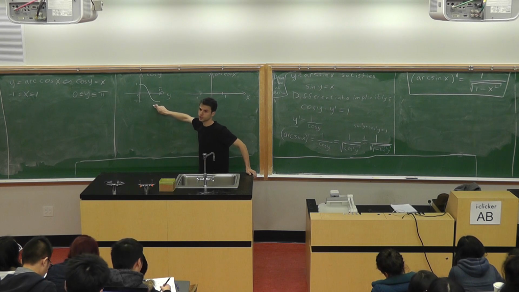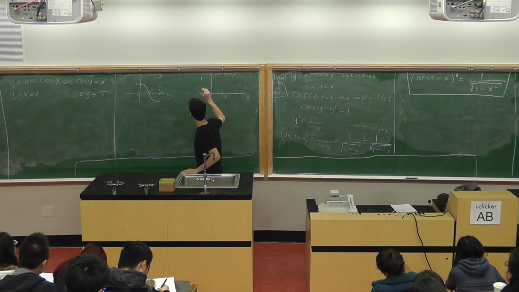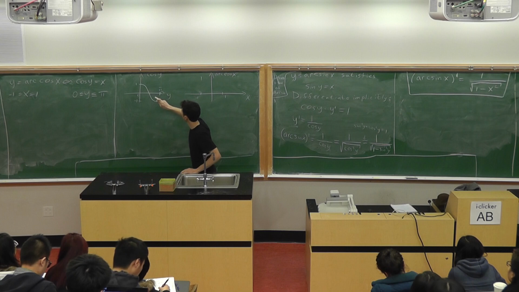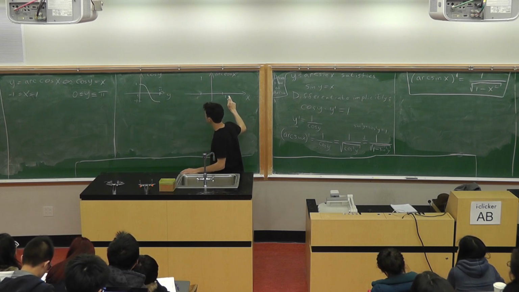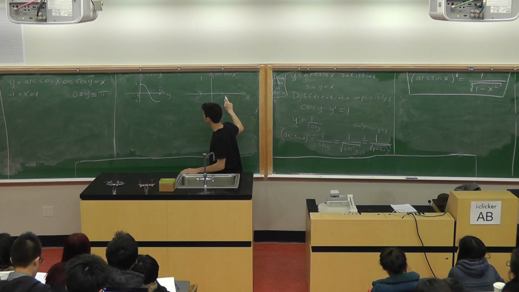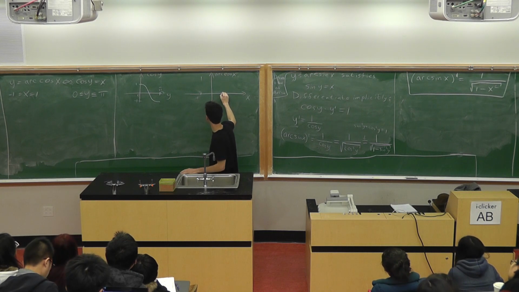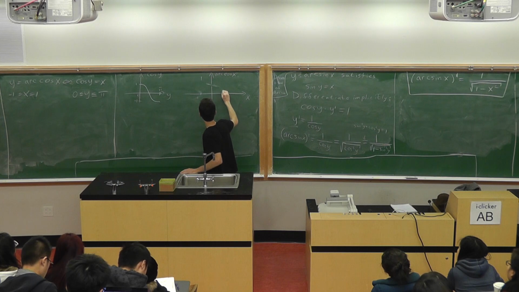It will have now not a horizontal tangent, but rather vertical after the reflection. And at 1, it will become zero. And once again, we'll have a vertical tangent, and the graph looks like this.